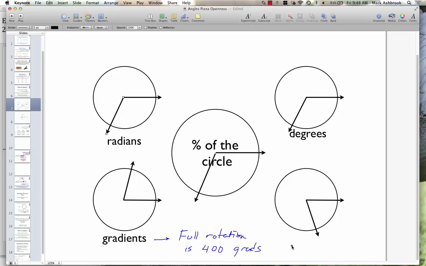That's all you need to know to be able to convert to and from gradients. So how about 90 gradients?